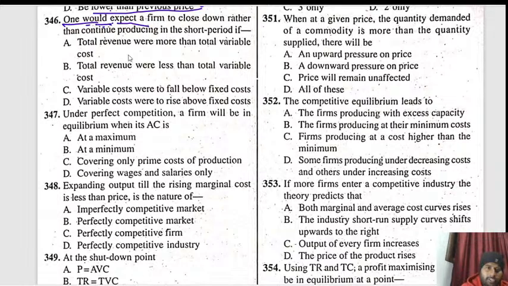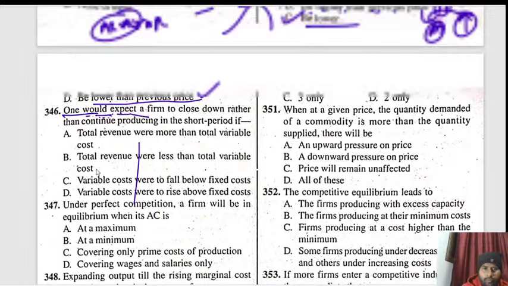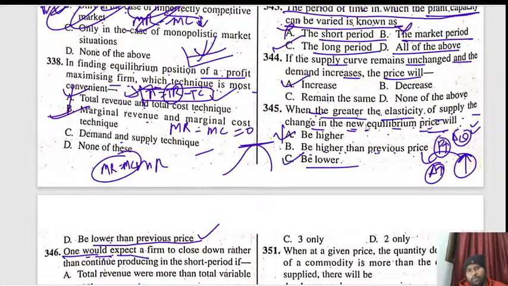So see this question 345. Try to solve such questions by thinking. When elasticity of supply is greater than 1, it means that when the price increases by any percentage, the quantity increase will be more than that percent.